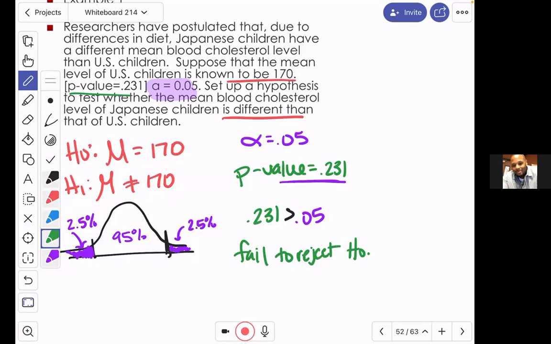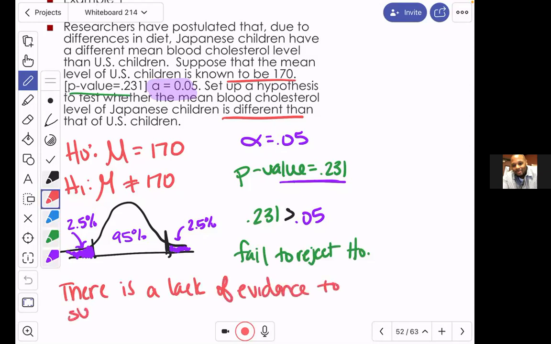And what that means then, here's the decision. The conclusion says that there is a lack of evidence to support H1. So, lack of evidence to support H1.